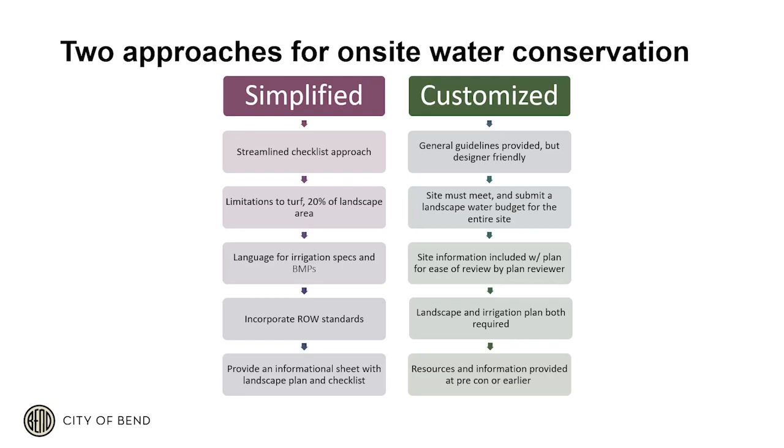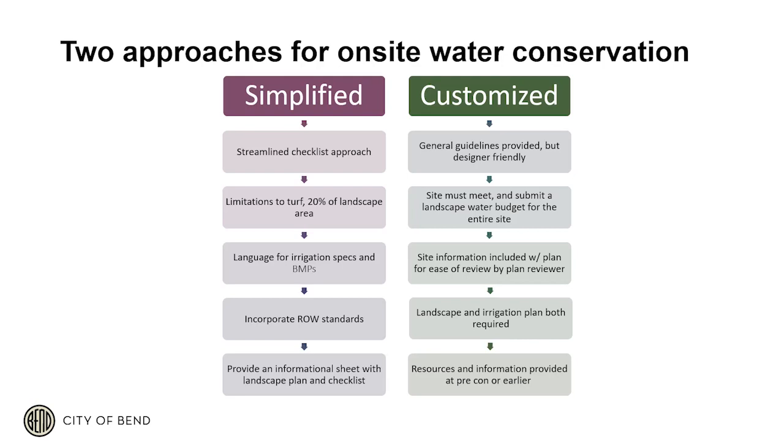I would assume, and this is probably a very basic question, that this is only for new development. If you're doing redevelopment, if you're doing new landscaping, what exactly would trigger these kinds of rules? Is it only a new building code? That's a really good question, because we have to start thinking about that on the stormwater side for redevelopment. So that's an interesting question to think about for redevelopment on the landscape water conservation side.